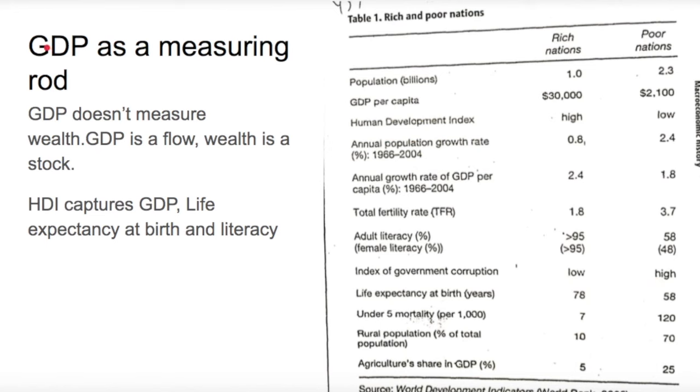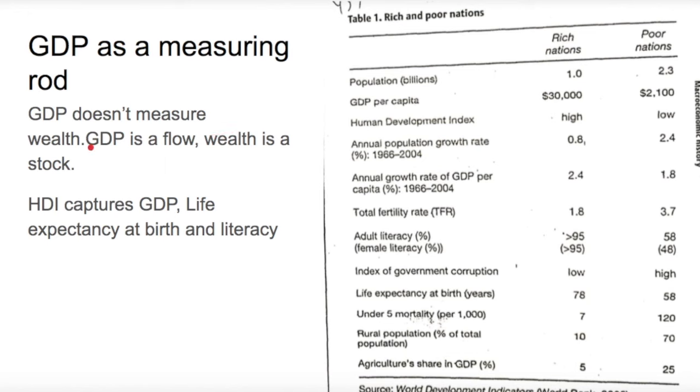Now we mostly use GDP as a measuring rod for growth, but no economist would accept GDP as the only factor for growth. We've just seen how development has a multi-dimensional aspect. You need to consider a lot of other things to state that an economy is developed or not.